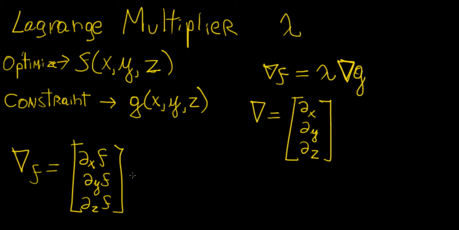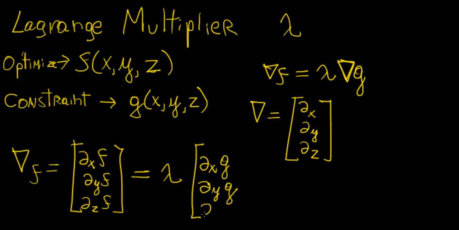So in the end, what we're going to end up having as our equation is going to be this, g_x, g_y, and g_z. And now remember, it doesn't really matter whether the constraint function contains all these variables. It could be something that is confined to a lower dimensional space, but in general we want to set up an equation that is like this, and this should allow us to solve for different values.